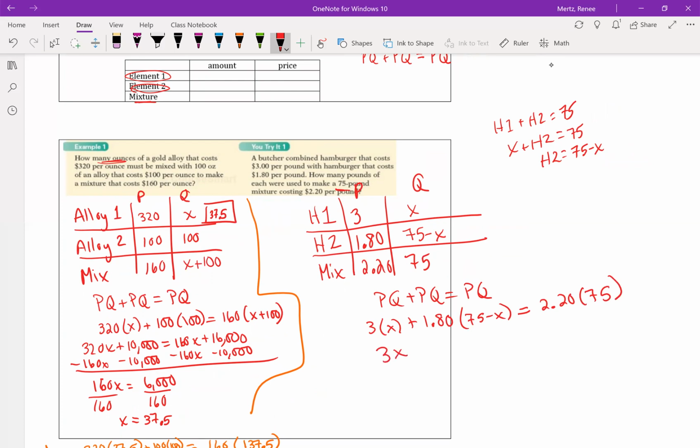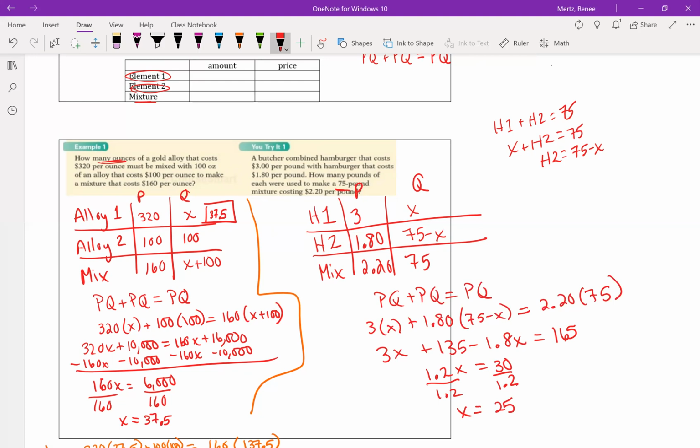So we get 3X plus 135 minus 1.8X equals 165. Combining like terms, 1.2X equals 30. Divide by 1.2. X equals 25 pounds. Make sure your answer is less than 75 because that was our total.